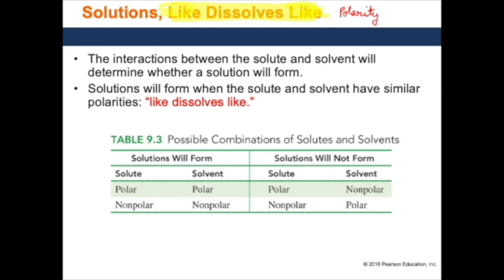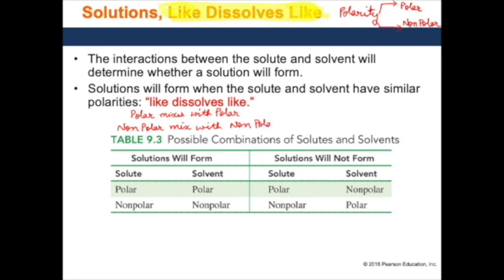When we talk about polarity, we can classify compounds as either polar or non-polar. So what this rule tells us is that polar mixes with polar molecules, and similarly, non-polar molecules mix with non-polar molecules.